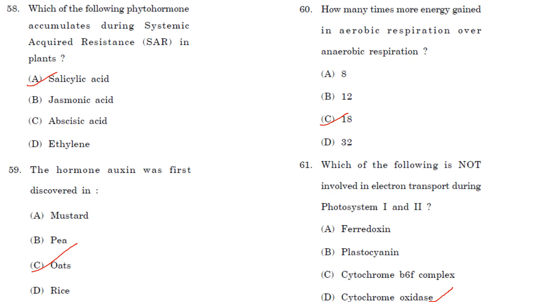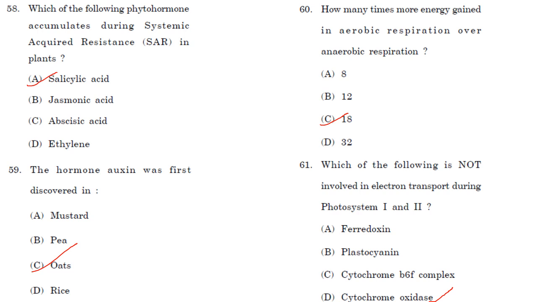How many times more energy is gained in aerobic respiration over anaerobic respiration? If 38 ATP per glucose is produced in aerobic respiration and in anaerobic respiration only 2 ATP per glucose is produced, then 38 divided by 2 gives 19, but it is not the answer as per the options.